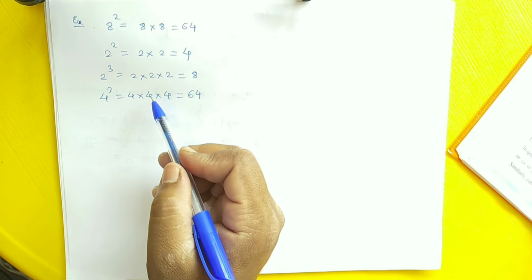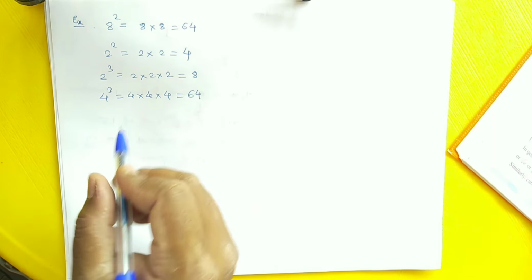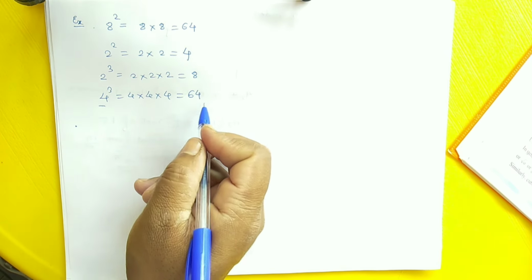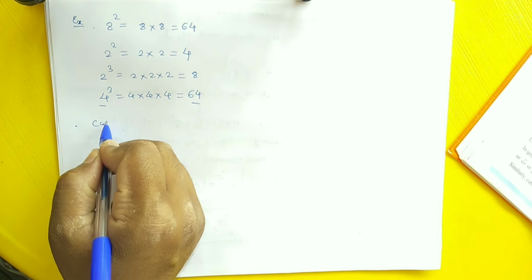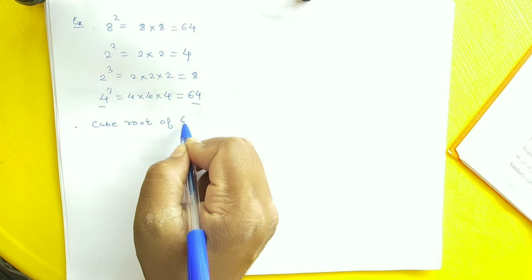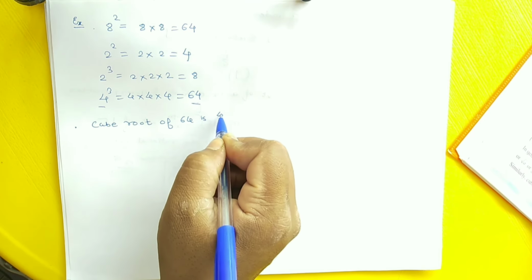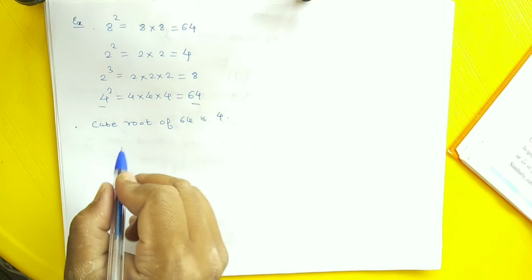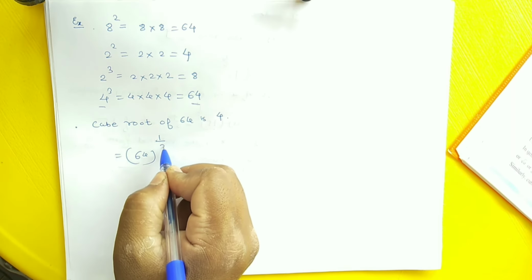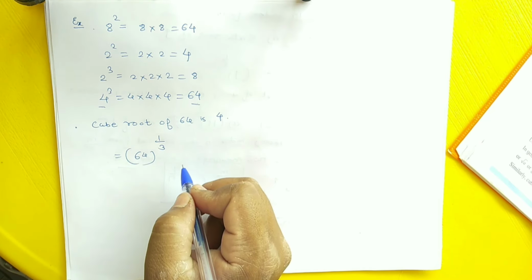Now let us consider one example first. We know that 4 cube is 64, so can we say that the cube root of 64 is 4? How can we write this? 64, cube root means to the power 1 upon 3.